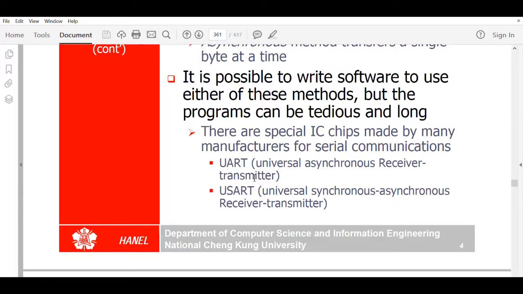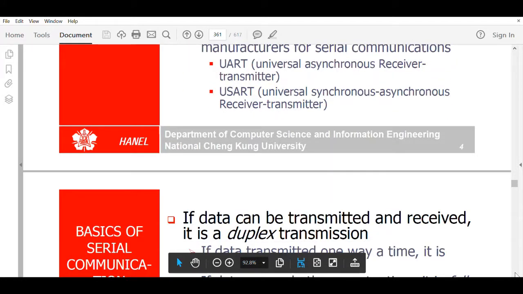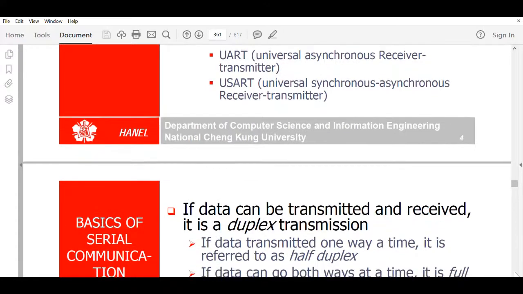UART is the Universal Asynchronous Receiver Transmitter, and USART is the Universal Synchronous Asynchronous Receiver Transmitter. Those are IC chips to enable serial communication, so that you needn't write long programs to do the serial communication.